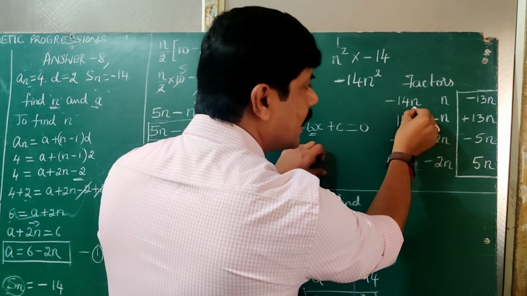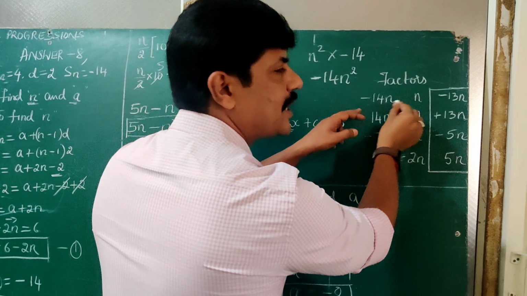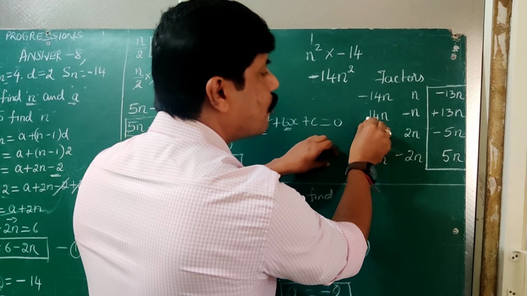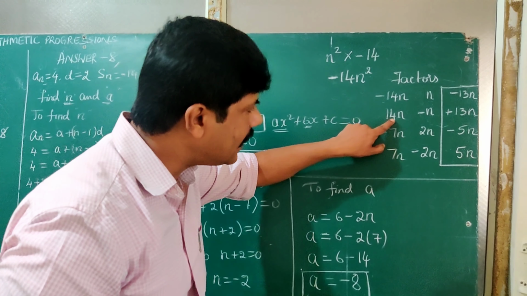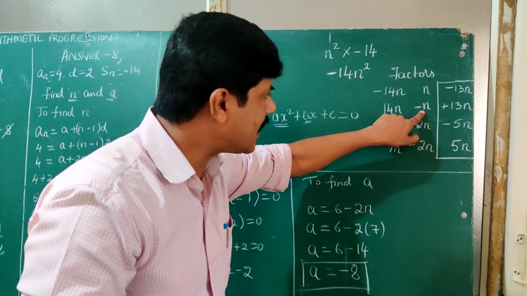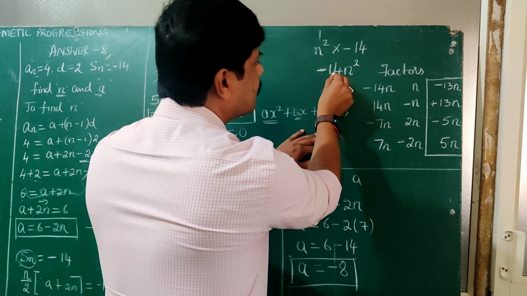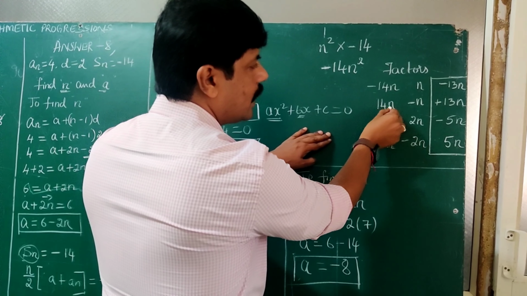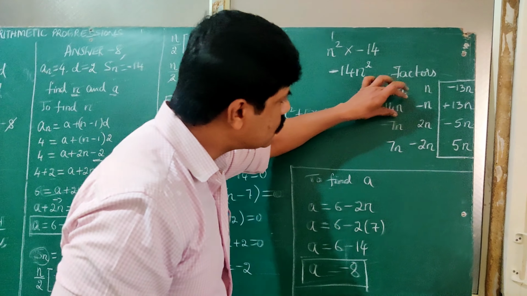So minus 14n and n are the factors. Now I will change the sign. Plus 14n and minus n are also the factors, because after multiplication you will get minus 14n square. 14n into minus n is minus 14n square. So these two are also factors.